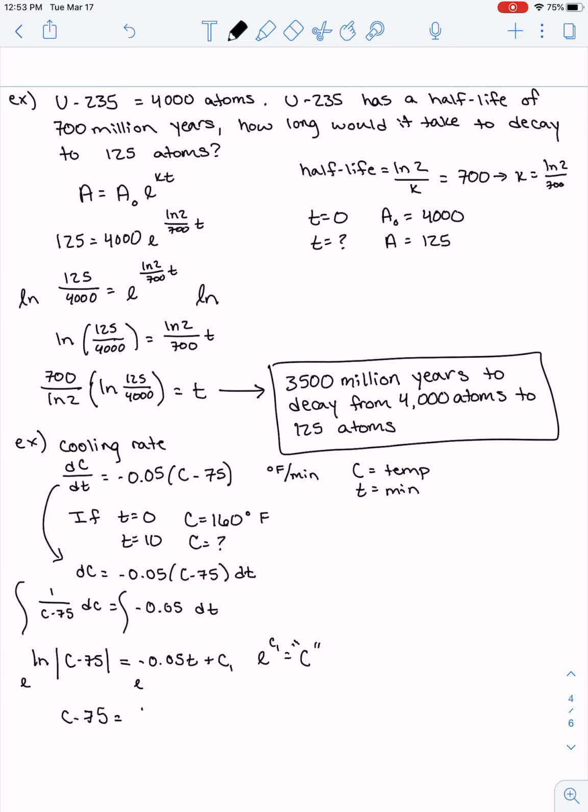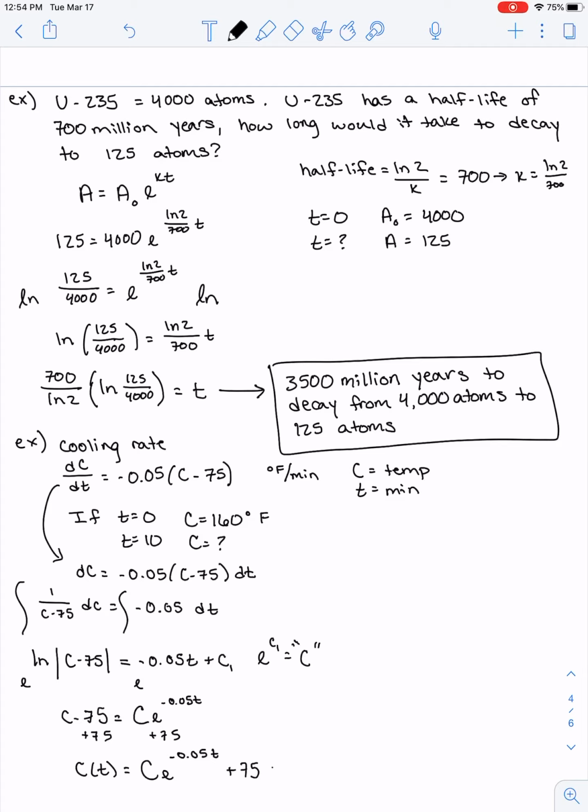So I'm going to say C times e to the negative 0.05 t. And so if I add 75 to both sides, my equation for the temperature, C, is equal to the original constant times e to the negative 0.05 t plus 75.